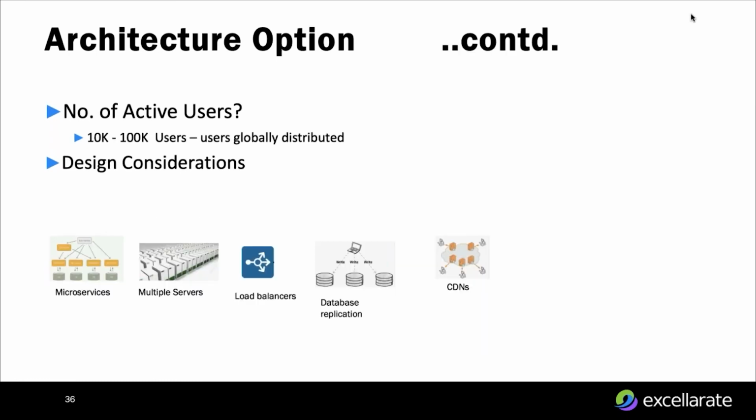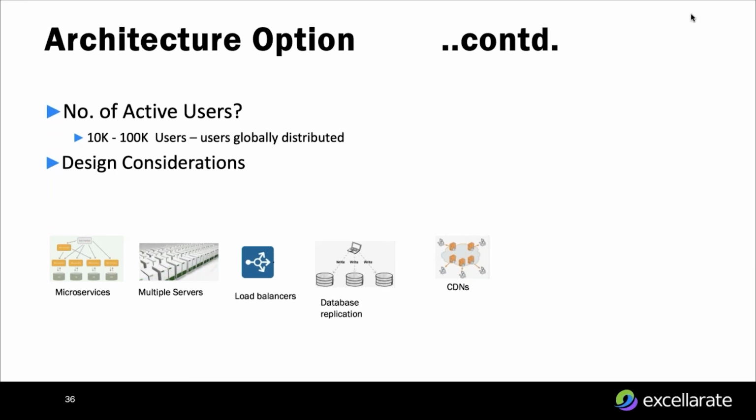The other case is the number of active users, say 10 to 100,000, and these are all globally distributed. In that case, the design consideration would be microservices. I would rather go with a microservice than a monolith design. We can have multiple servers, and then use load balancers to distribute the load.